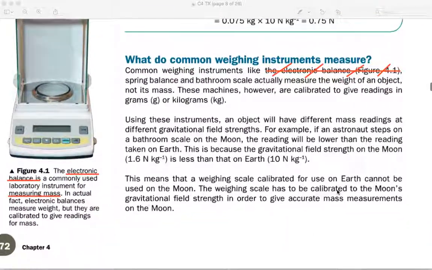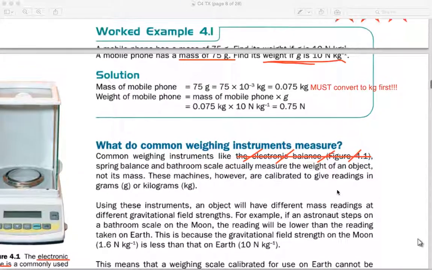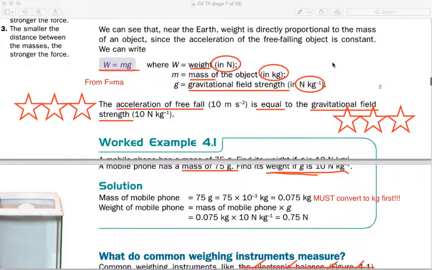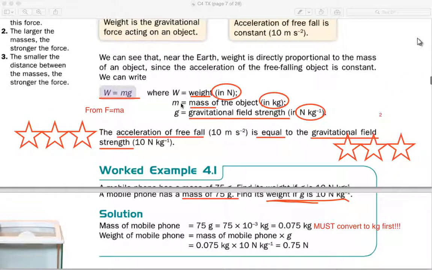We are at the end of page 72, looking at a very simple example. If they give a mass of 75 grams, find its weight if g is 10 newtons per kilogram. As you can see from this formula, the mass of the object is always measured in SI units, so it's in kilograms.